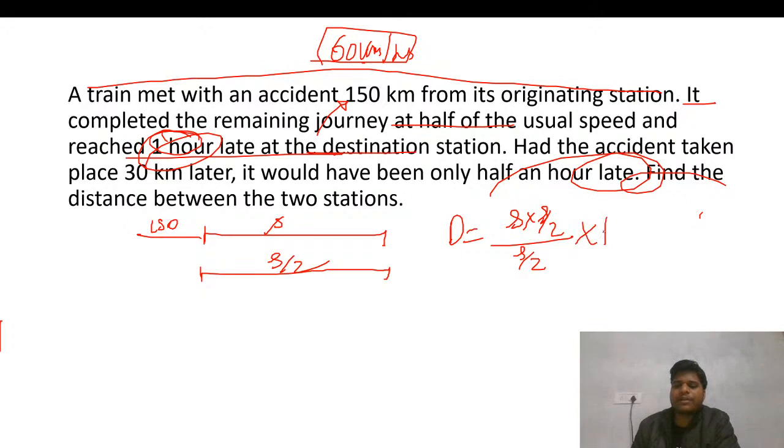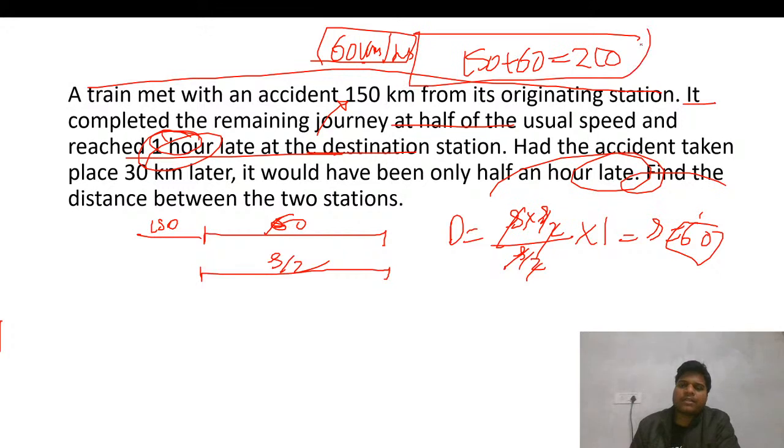So this cancels and becomes s. So s is 60, and this part is 60 kilometers. So the total distance is 150 plus 60 equals 210. Is this fine?